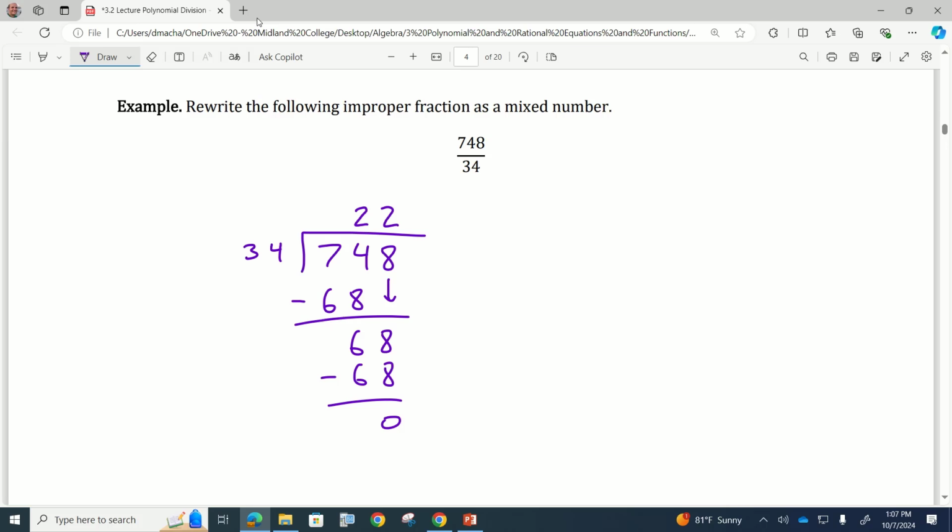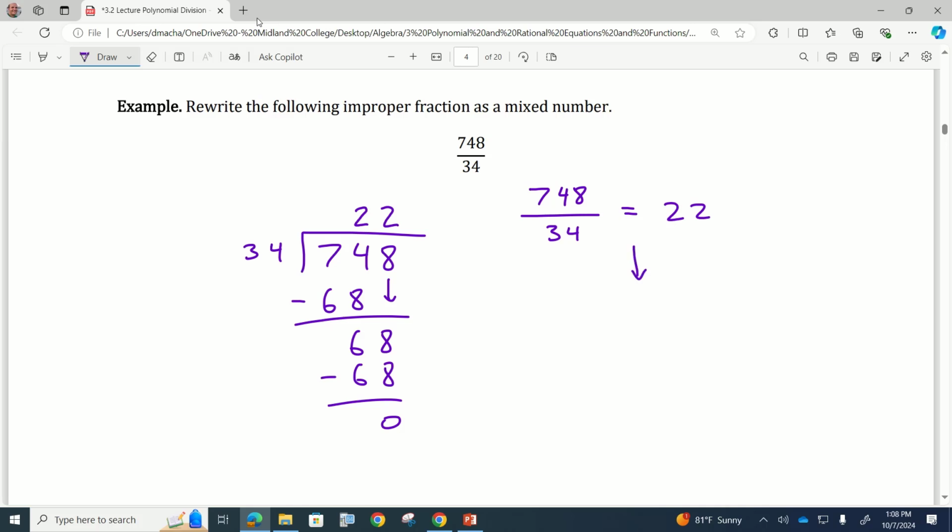And the important part that I want you to see this time is that I can write 748 divided by 34 is equal to 22, that's my quotient, plus 0, that's my remainder, over my denominator. But 0 divided by 34 is just 0, and I don't have to write plus 0. I can just write that instead.